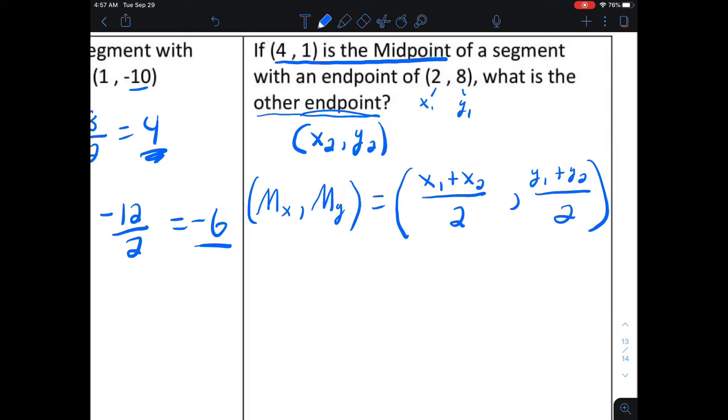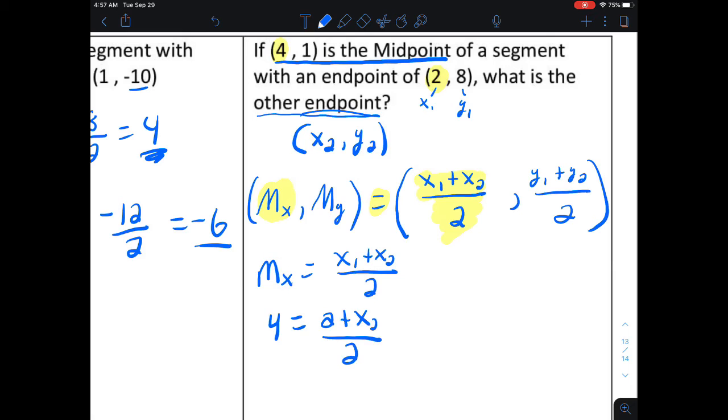Now I'm going to break that up into two equations. So mx, my midpoint x, equals x1 plus x2 divided by 2. Well, my midpoint x number is 4, so I'm going to put that where mx is. So 4 equals 2 plus x2 over 2.